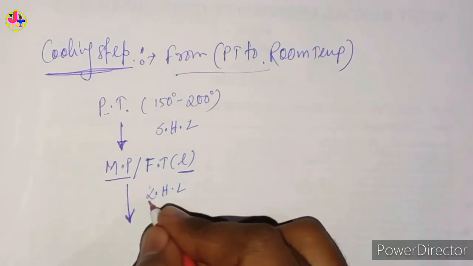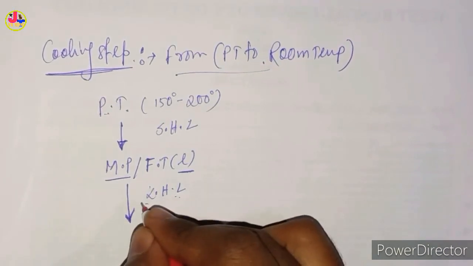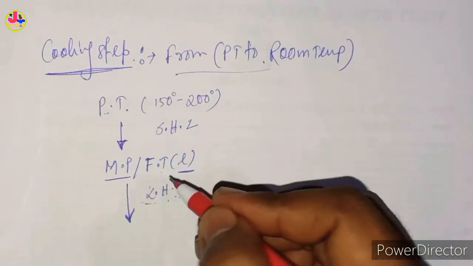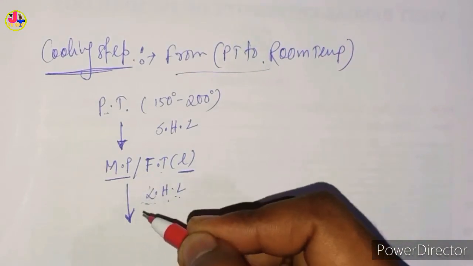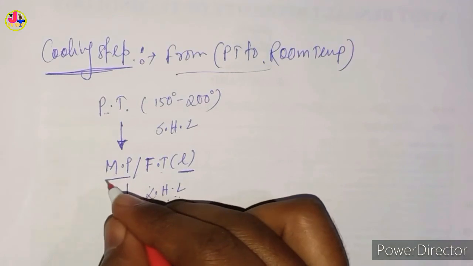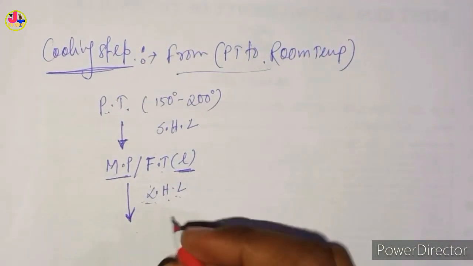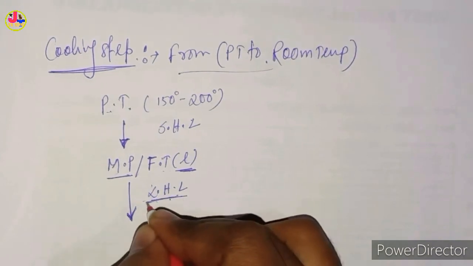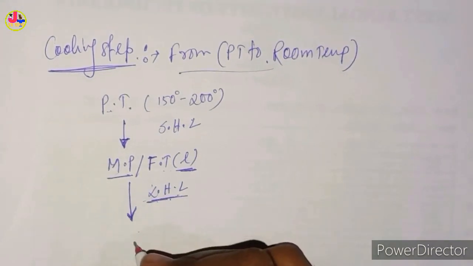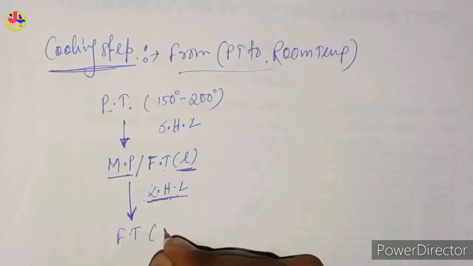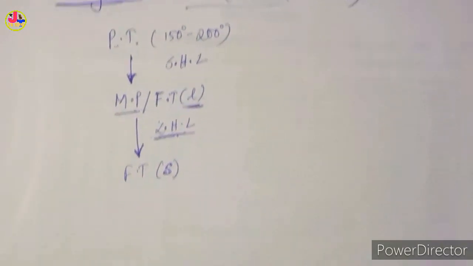You know what latent heat loss is. Due to latent heat, the temperature will be constant but the phase will be changing. It is the liquid state at the melting point, but after that, due to latent heat loss, it will be converted into solid, means freezing. It started to solidify. After that what will happen?